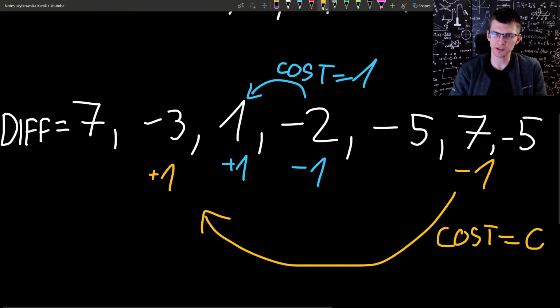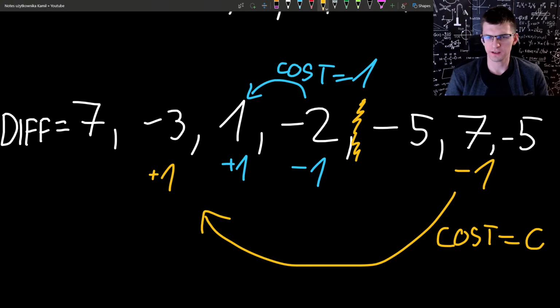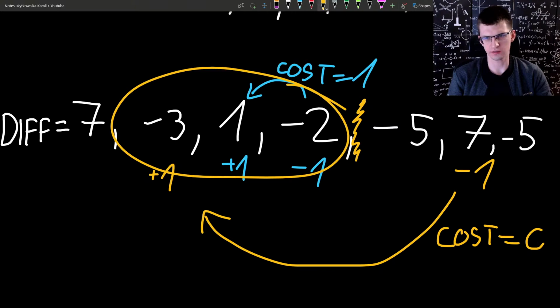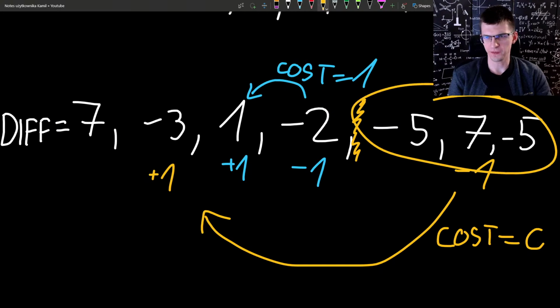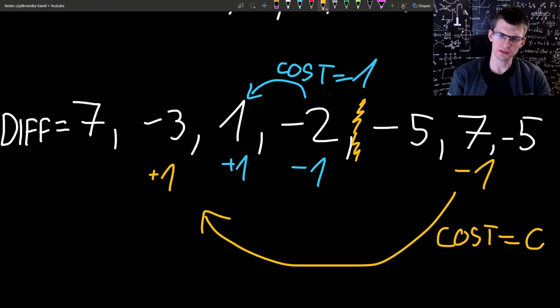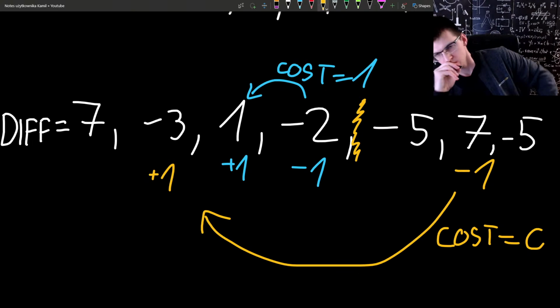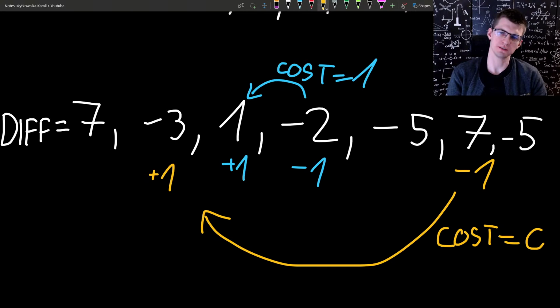At every possible split point, I can investigate what's the sum of values here, what's the sum of values here, and then I will know how many units will flow between those two parts. What about this?